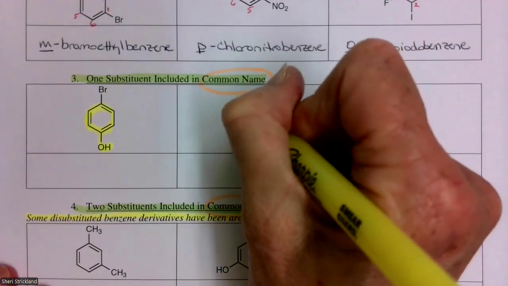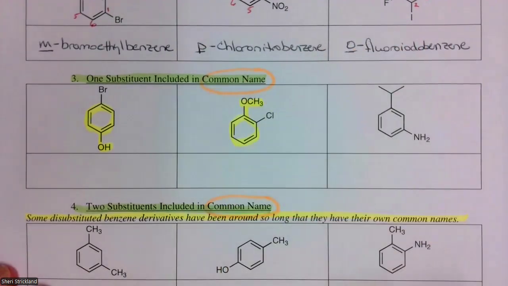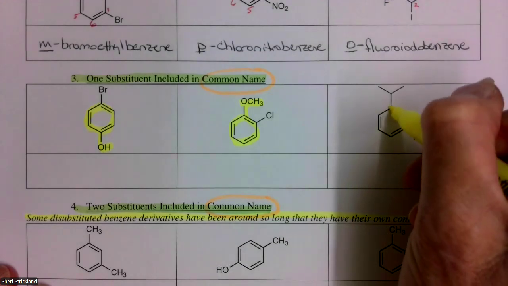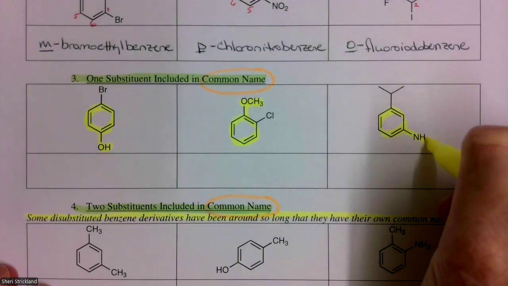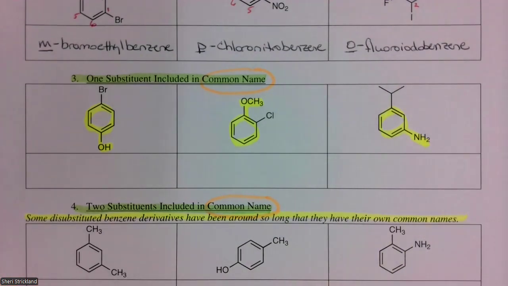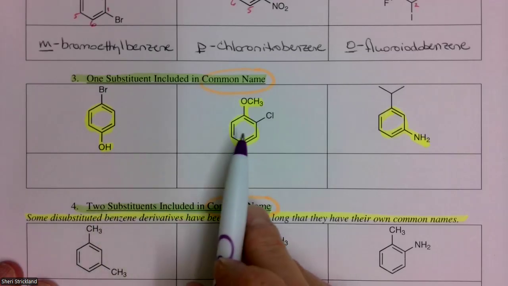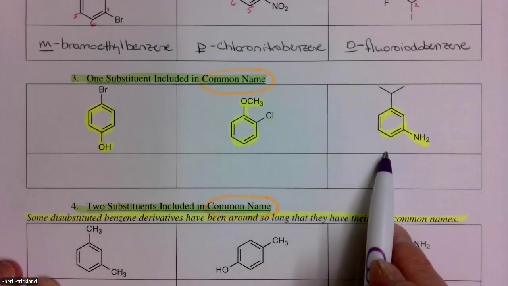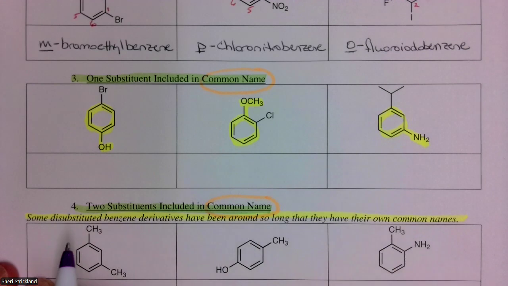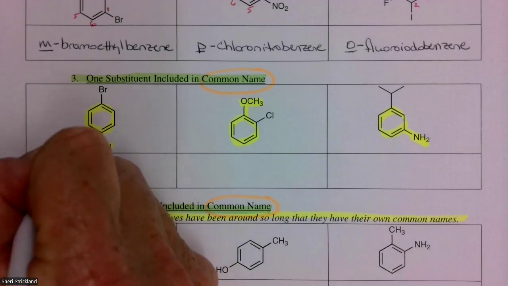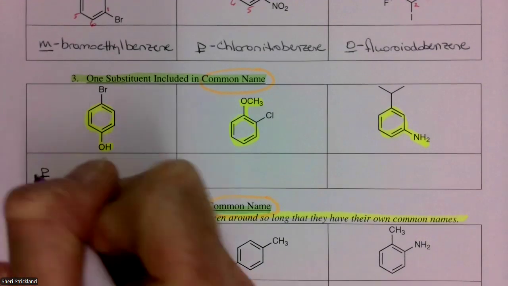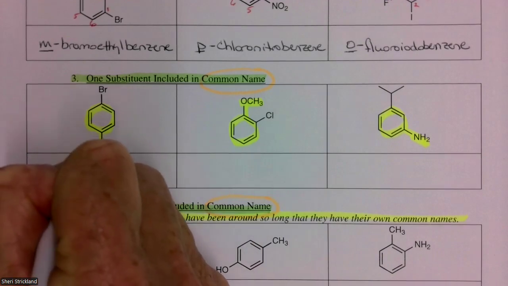And you see in this middle one, this is anisole. And over here on the right, this one is aniline. So if you're doing their common names, then you can name this molecule as a substituted phenol, a substituted anisole, and a substituted aniline. And so if I'm going to use the ortho-meta-para system as well, this would be para-bromophenol.